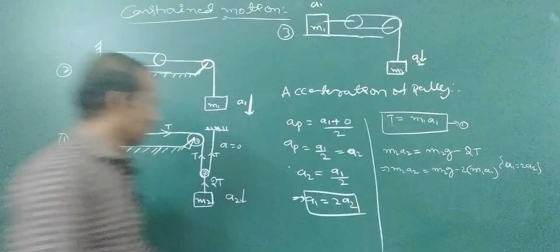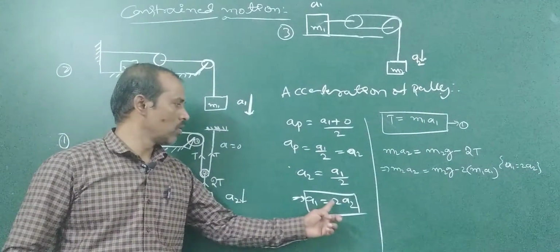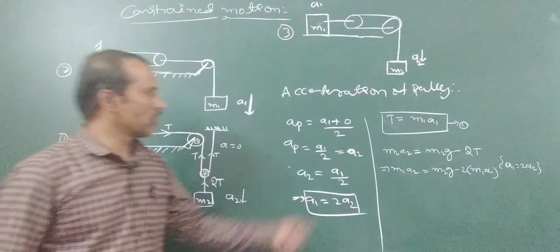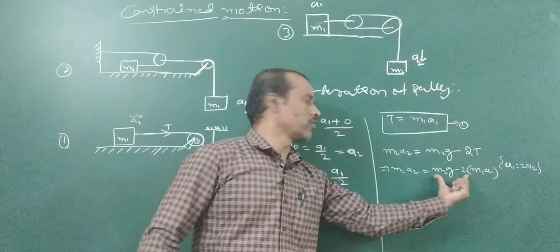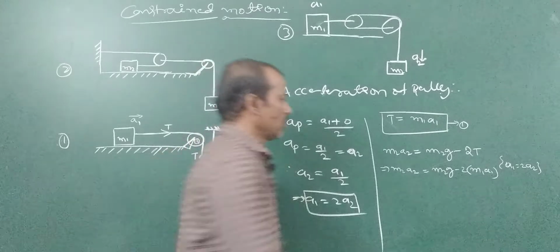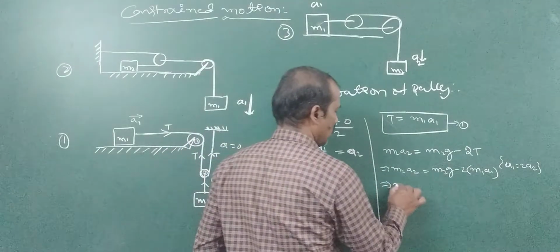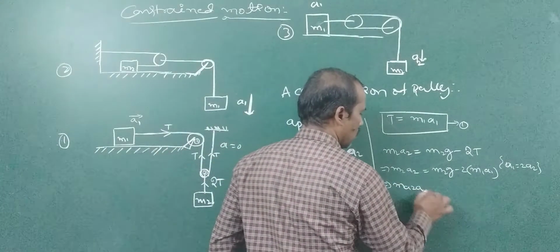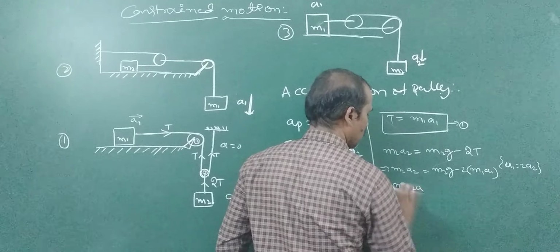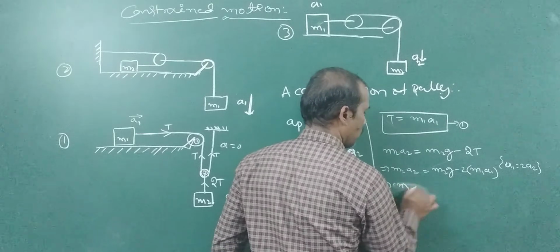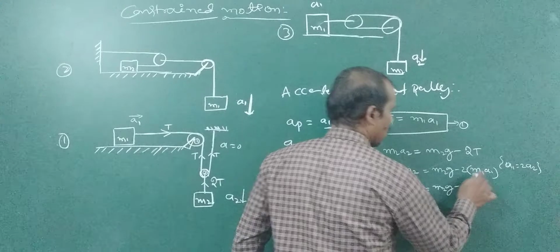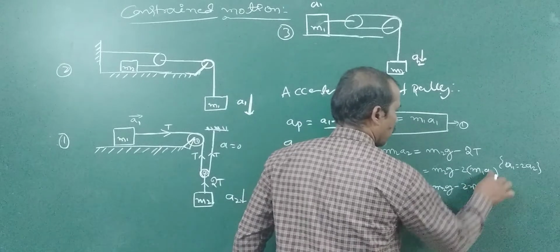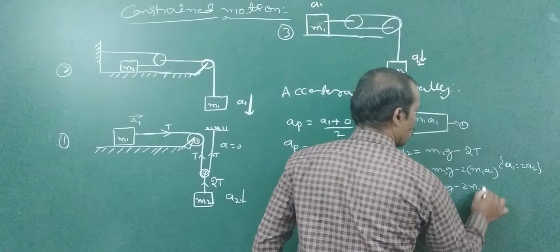Substituting this A1 value into the equation, M2 A2 is equal to M2G minus 2 M1 A1, where A1 means 2A2.